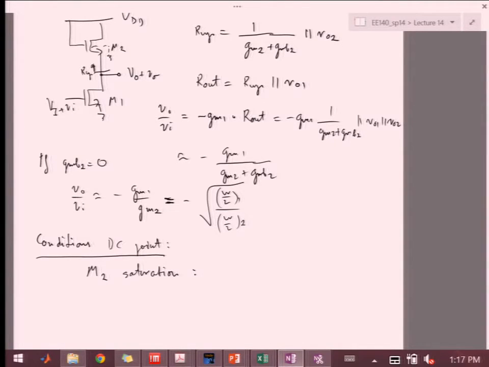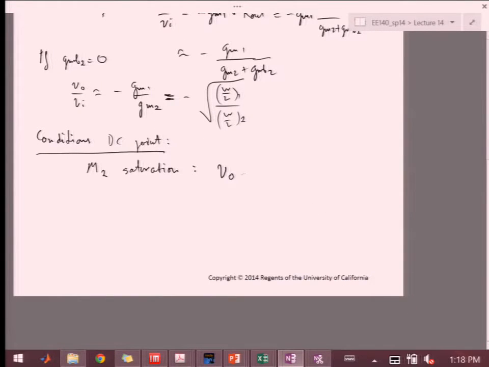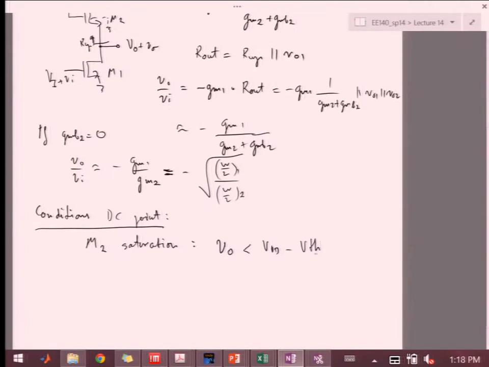If the output is equal to VDD, is M2 in saturation? No, it's in what region? Cutoff, right? So for M2 to be in saturation, VO has to be less than VDD minus VTH. And this is also the body affected VTH, so it's a little bit larger.